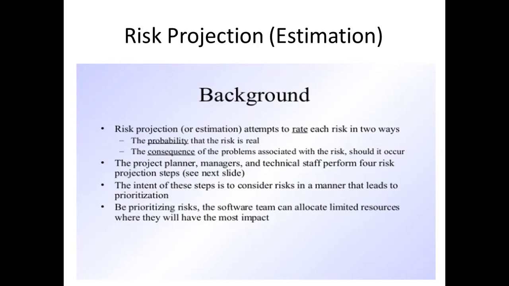There are always some problems which we will face during the development phase or the design phase. And what is the probability of the risk? We also consider this factor. So there are two factors: first is the probability and another is the consequence.